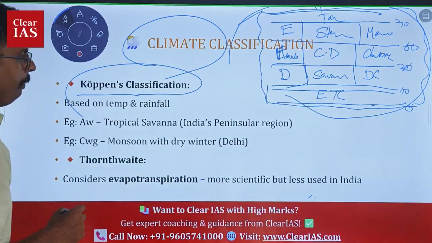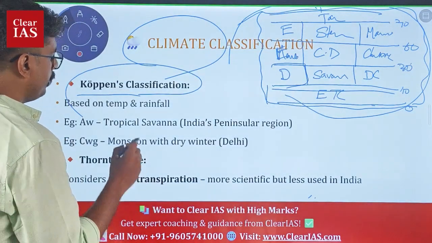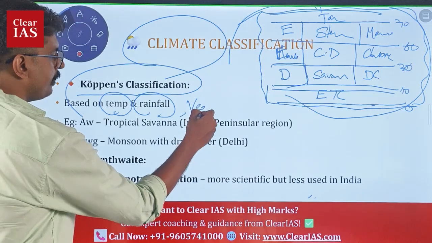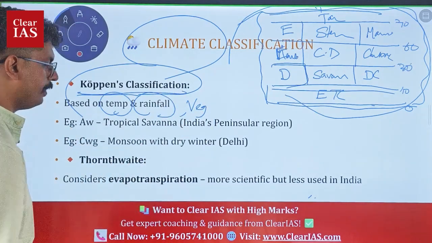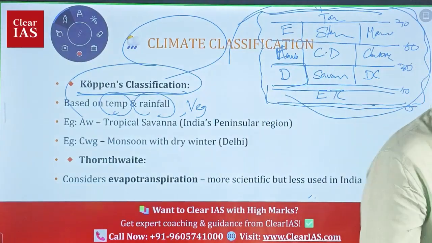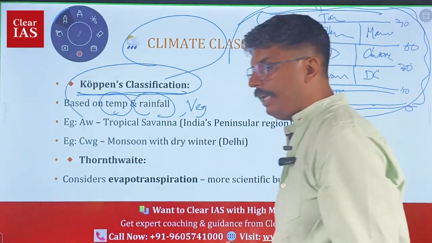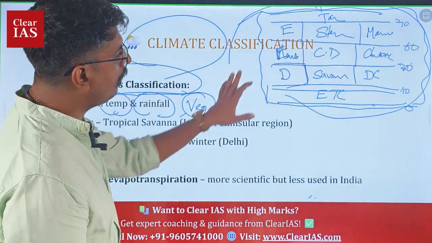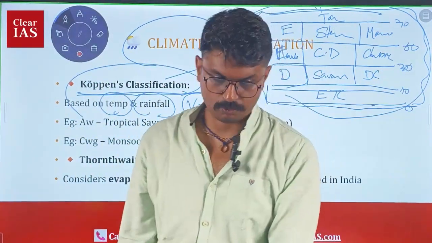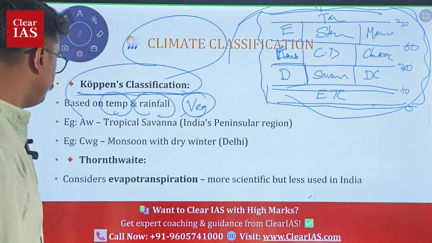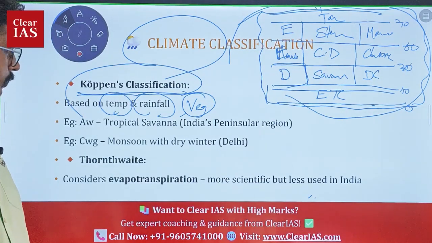Now, Köppen used main conditions of temperature, rainfall, and vegetation. Just write down Köppen's classification. He used criteria like temperature, rainfall, and vegetation to classify the world into different climatic zones.